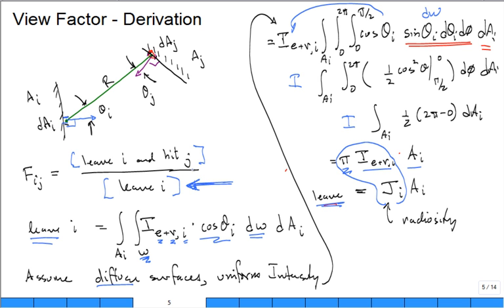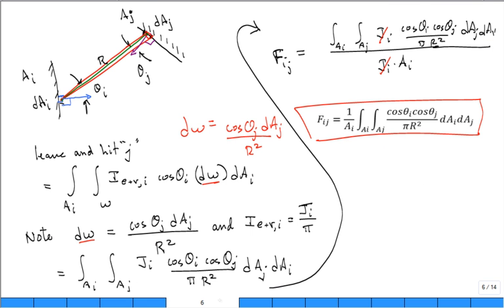Now let's work on the numerator. So if you work on the numerator, you have the same type of equation. What's leaving? That's going to be a constant. We'll pull it outside. It's cosine distributed because it's diffuse. The solid angle now is not going to integrate over the hemisphere.